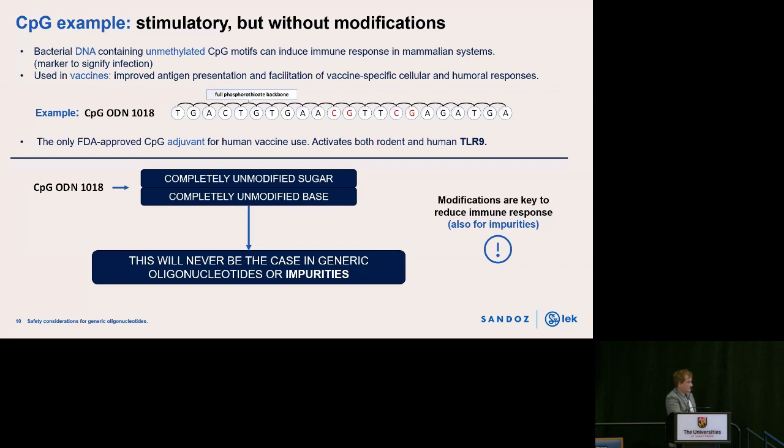Now, it's important to understand that besides the PS backbone, this adjuvant is completely unmodified. It has no modified sugars or modified bases. And this will actually never be the case in generic oligonucleotides or by extension in its impurities. And as we will see on the next slides, modifications are key to reduce an immune response also for impurities.